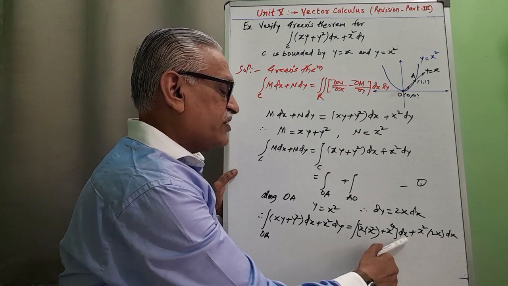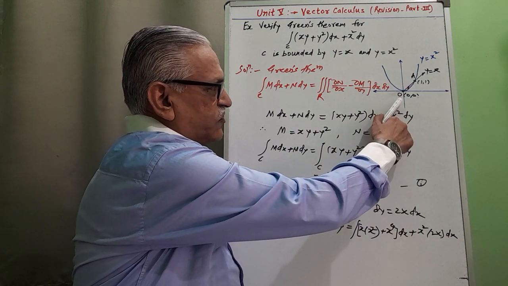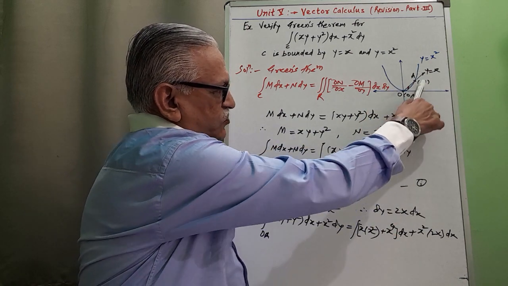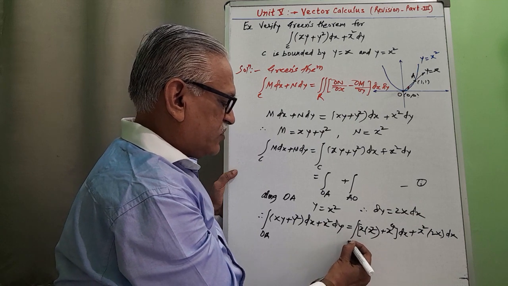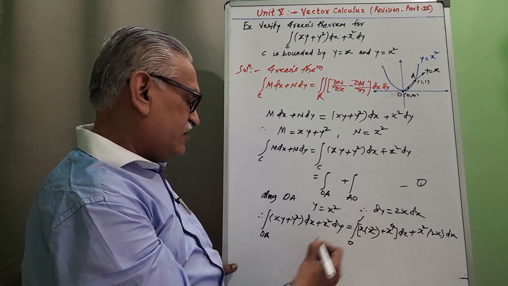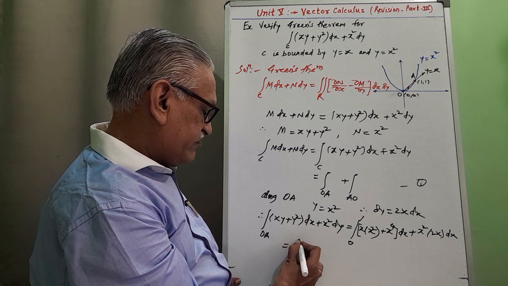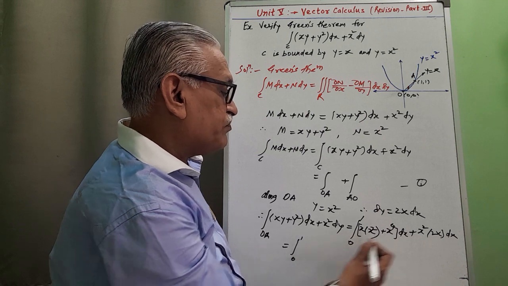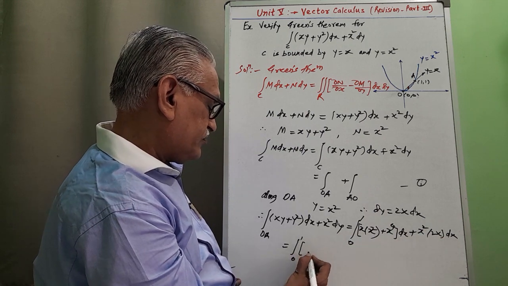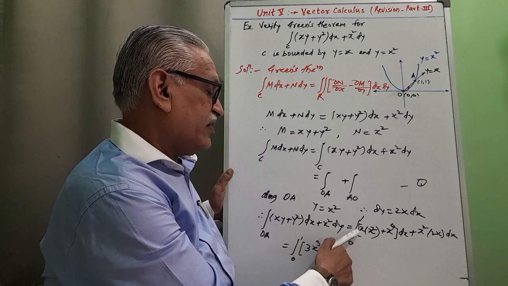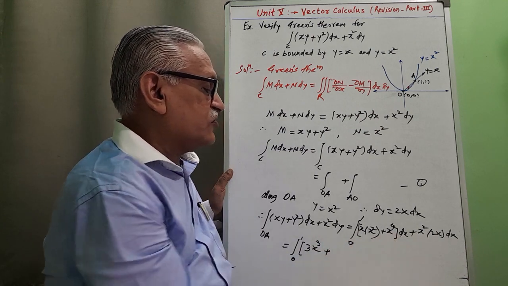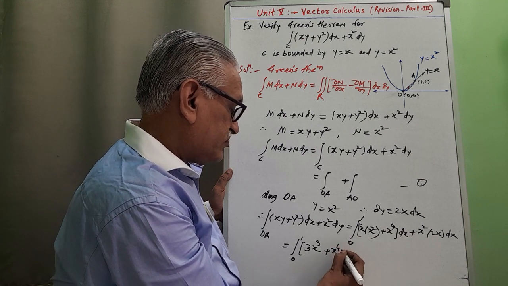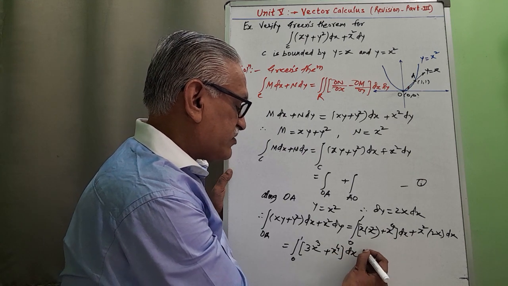Then, as we have to integrate with respect to x, see how x varies over the path OA. It is from 0 to 1, therefore x = 0 to x = 1. Simplifying, we get the integration from 0 to 1 of x³ + 2x³, which is 3x³, plus x⁴, with respect to x.